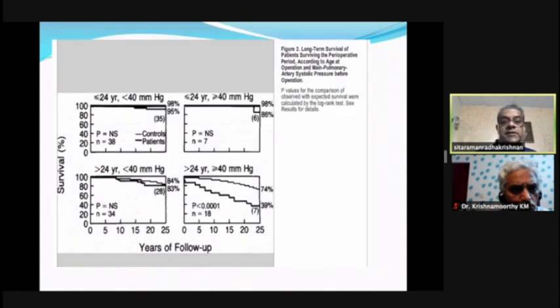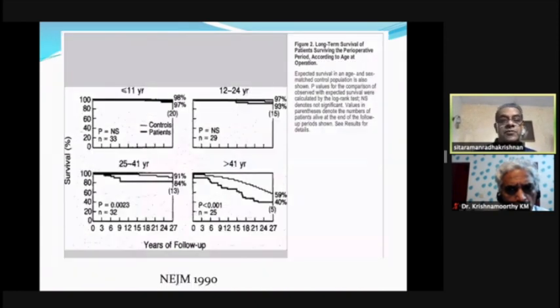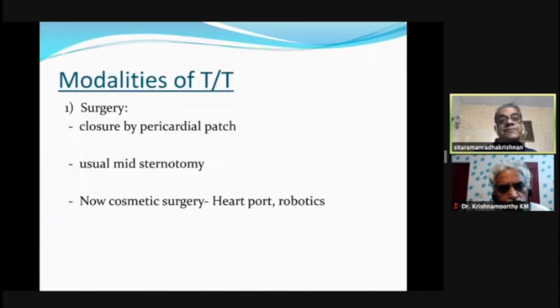And both these seem to have an overall impact on the natural history of atrial septal defect. This was, of course, as I said, considered very landmark, and therefore this is what we follow. Although most of us don't wait till 11 years of age, we would operate at 3 to 6 years of age or even less than that. But this particular study took 10 and 11 years as a cutoff value.